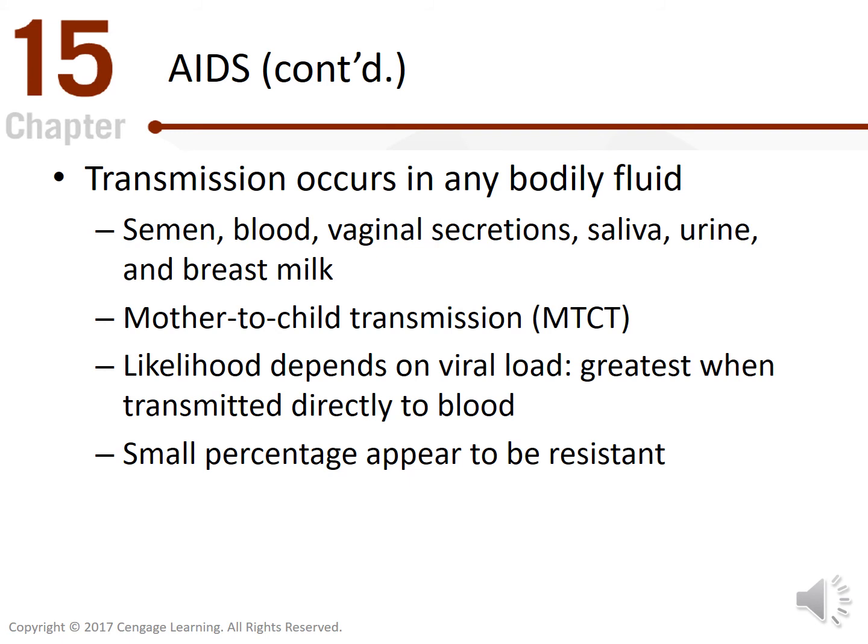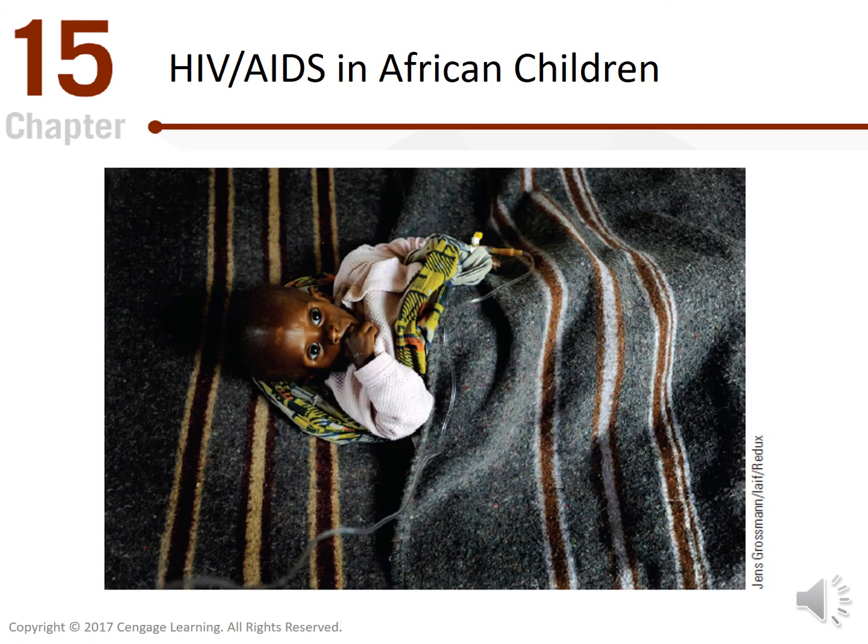The likelihood of transmission depends on the viral load, greatest when transmitted directly to blood. Small percentages appear to be resistant. HIV/AIDS in African children: African children are often afflicted with HIV/AIDS as a result of mother-to-child transmission.